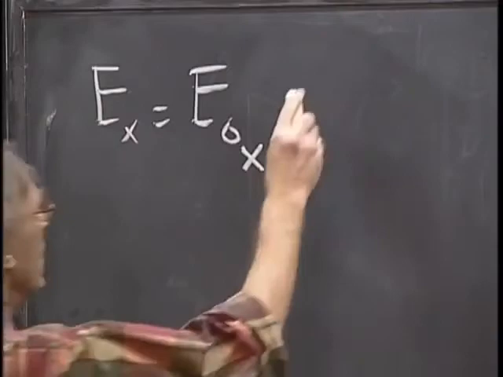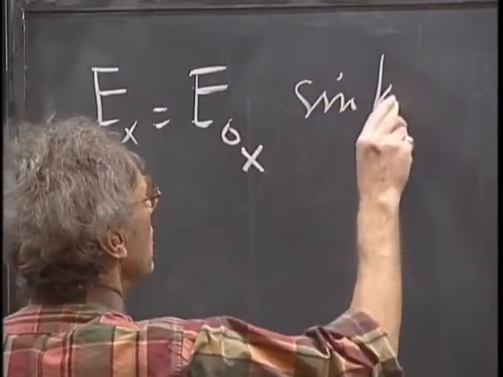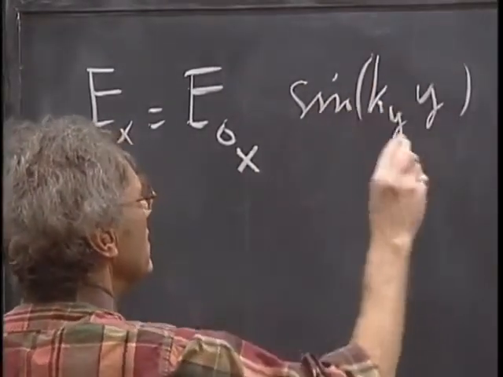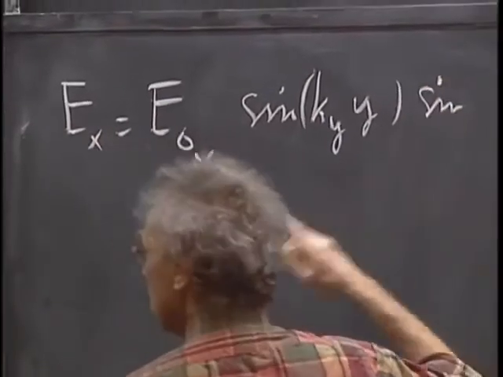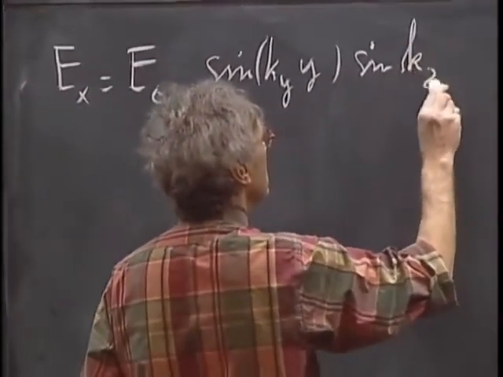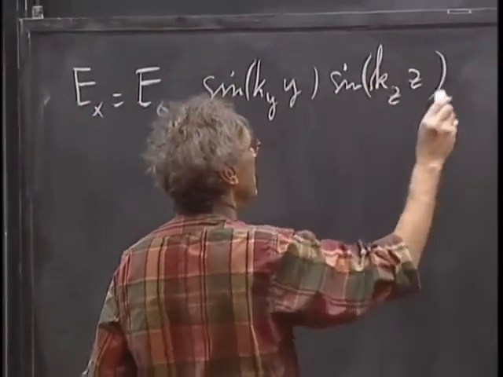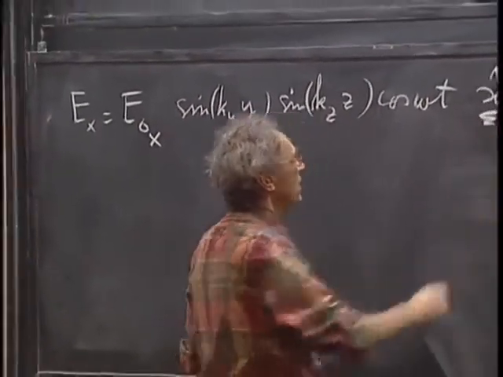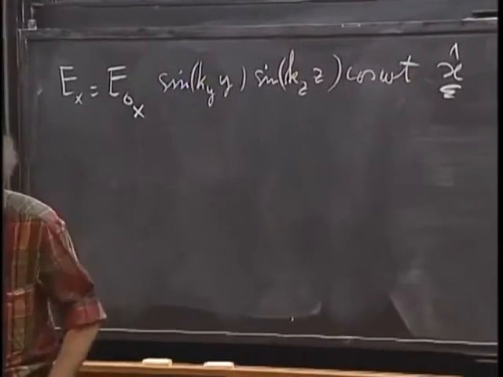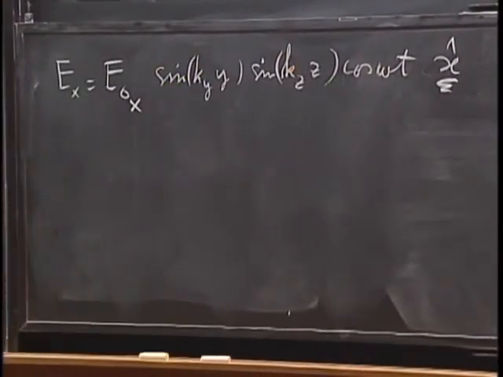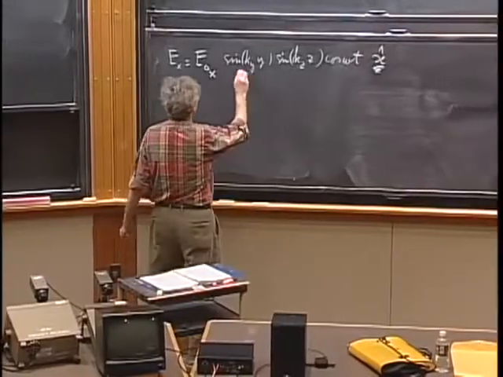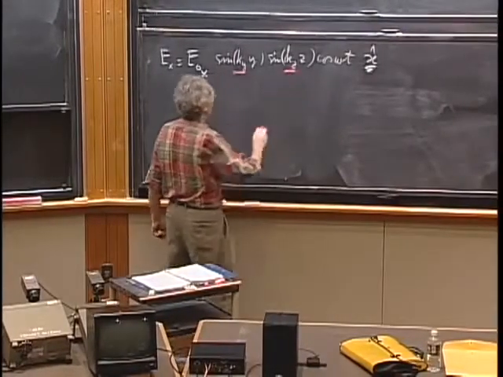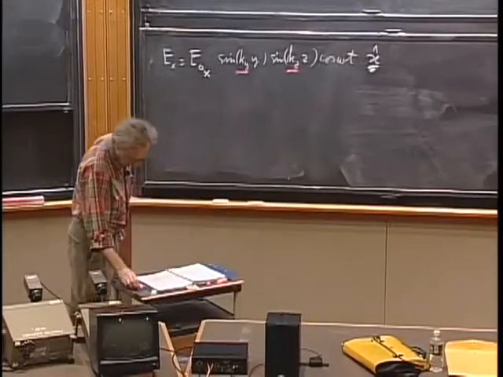This must have a sine of ky times y times the sine of kz times z times cosine omega t, and to remind you that it is in this direction, I put the x there. So what you have now are 2 standing waves. One standing wave in the y direction and one standing wave in the z direction.